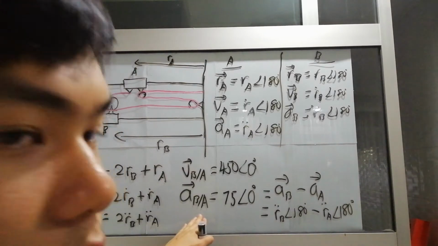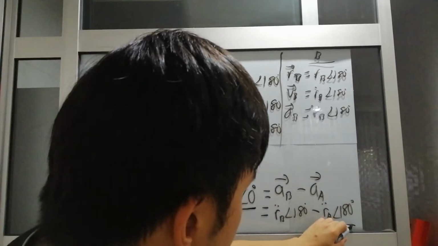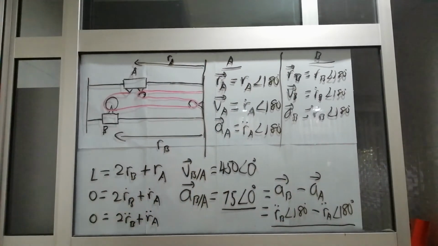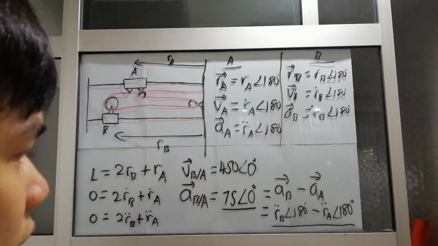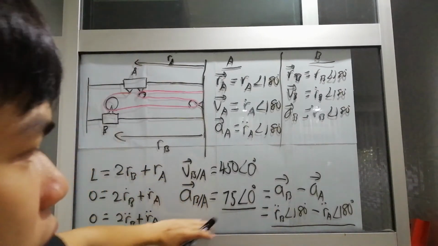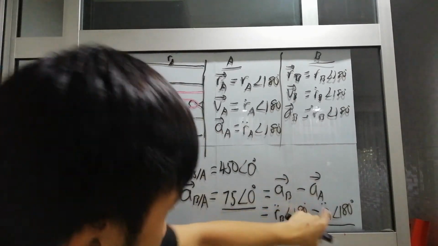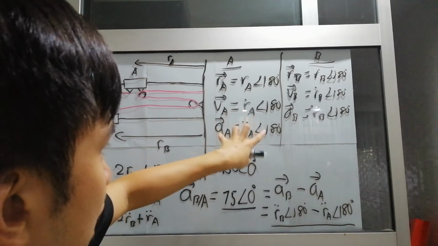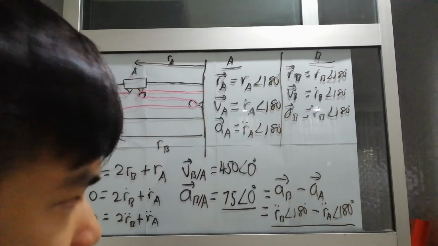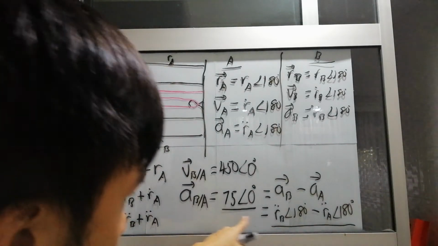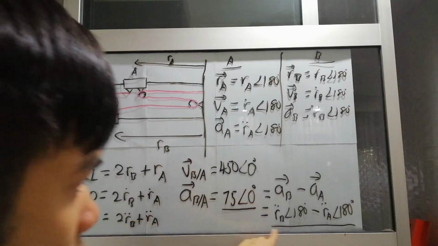So acceleration of B with respect to A is 75, direction 0 degrees, and this is what I have here: R double dot B, direction 180, minus R double dot A, direction 180 degrees. How do I achieve this equation? Firstly, by understanding that AB and AA are plugged directly from this term here. From this equation, please take a look very seriously: 75, 0 degrees, and this goes 180 degrees.